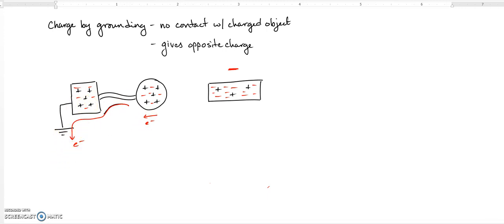Step two is we then break our contact with that. And so those electrons that left are now gone forever. And so now the overall charge of this is positive, because the electrons have left us for good.